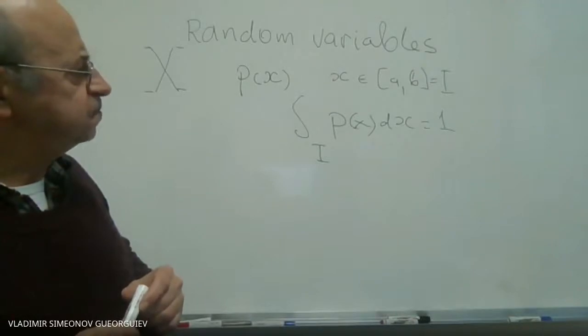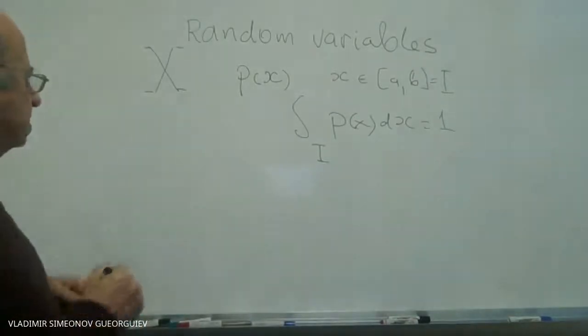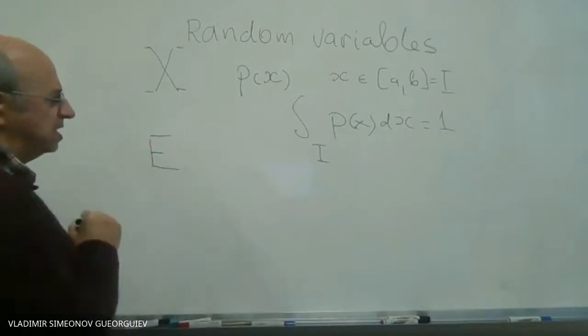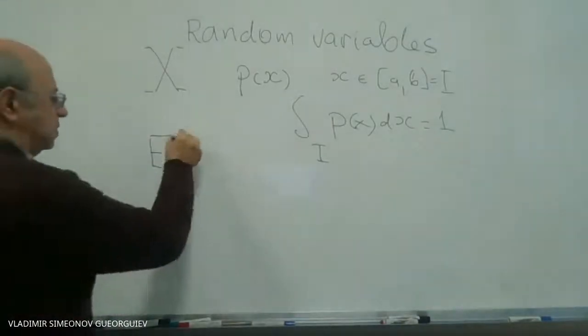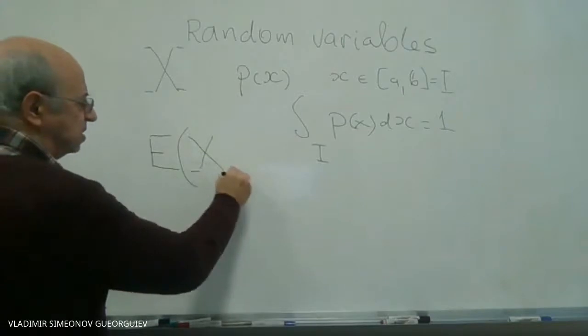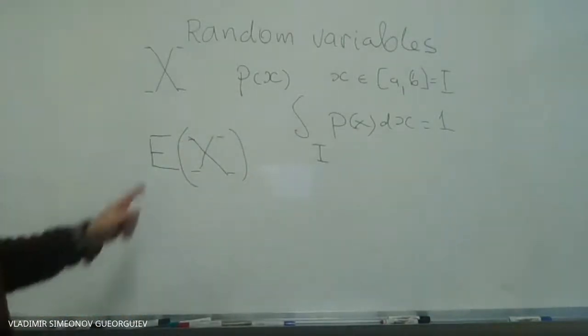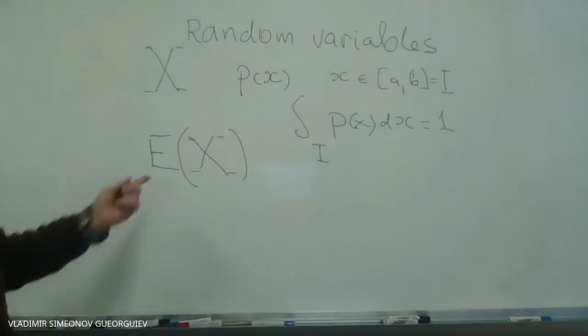Now, what we did the last time: the so-called expected value of our random variable x. How is the expected value computed?